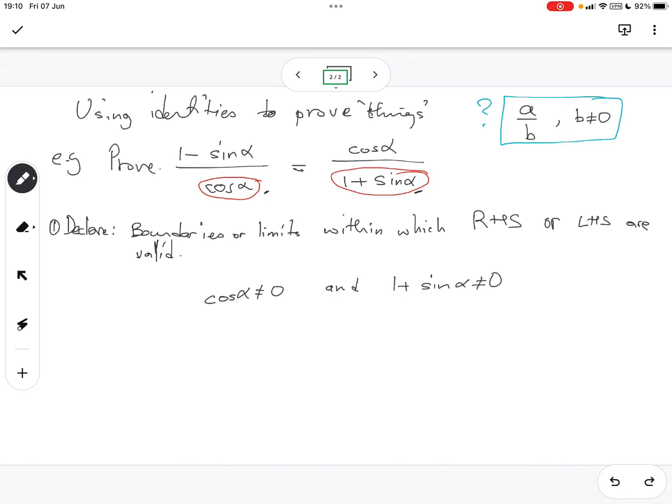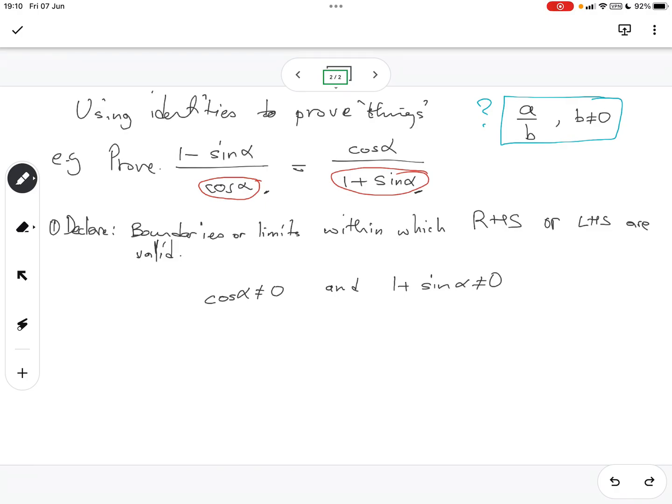What happens when you divide a number by 0? It gives you an error.